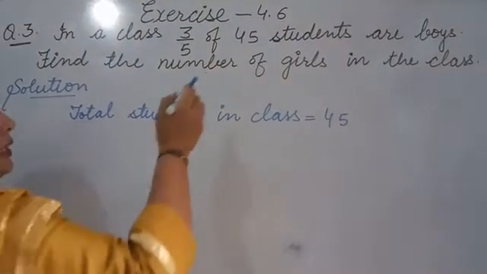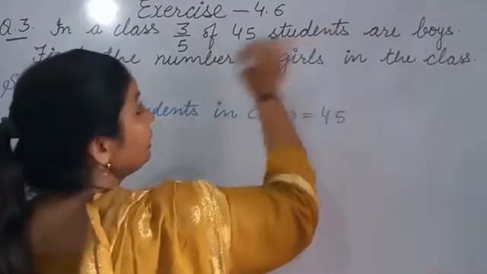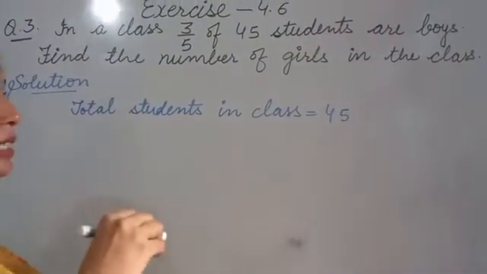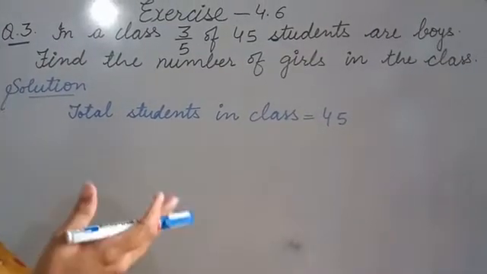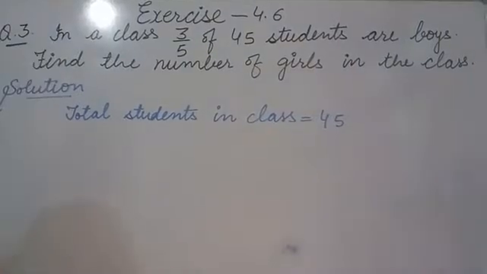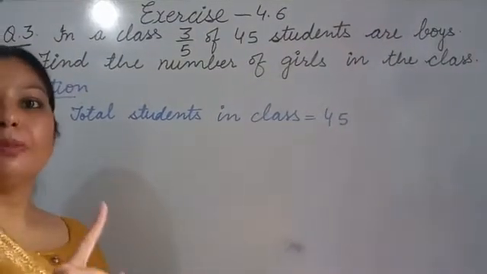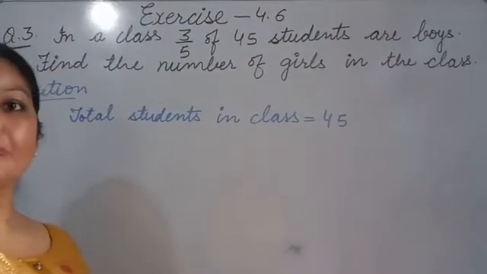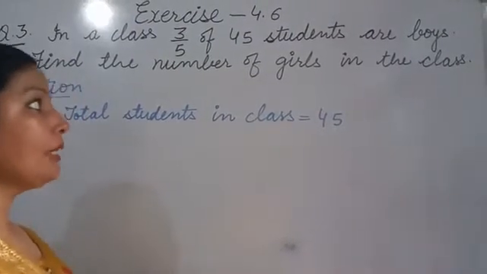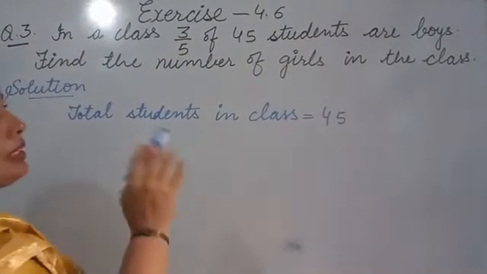You know from here that total students are 45 but you don't know the number of boys. If you know the total boys, so you can find the number of girls because in class we have boys and girls only. So if you know the boys, so from total if you subtract boys, so you can get the number of girls. Okay, but here is not given number of boys.